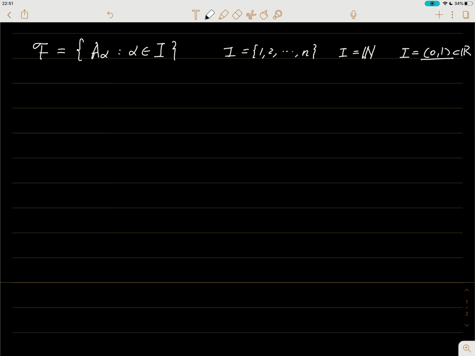And with this, you have lots of sets here, so you can take the union or intersection of them. For example, you can take the union. This just means all the elements that are in at least one of them.